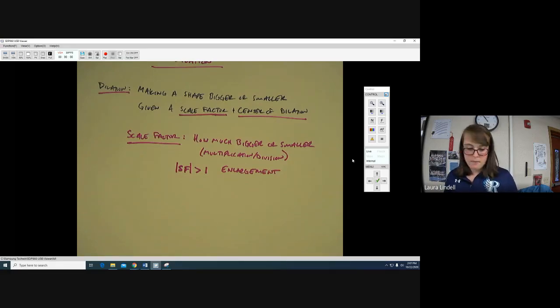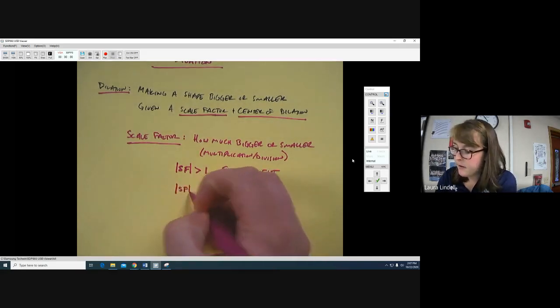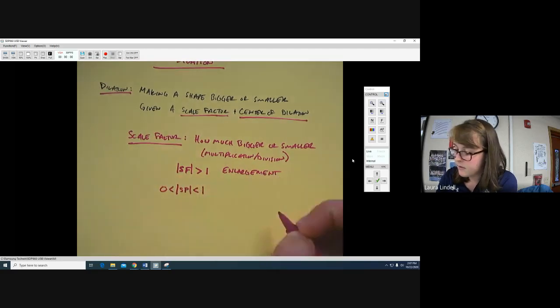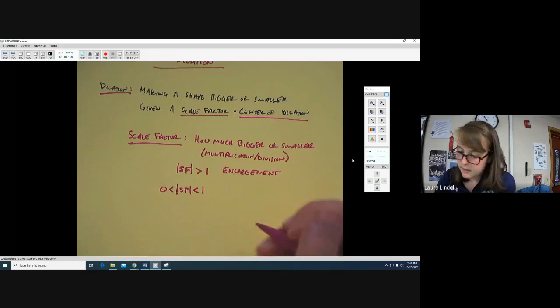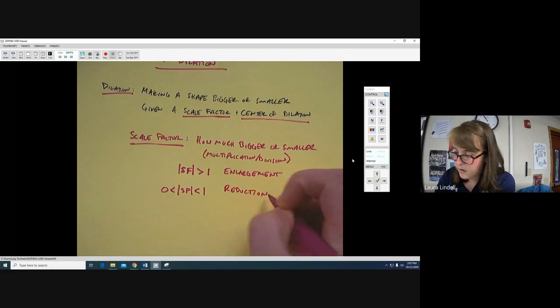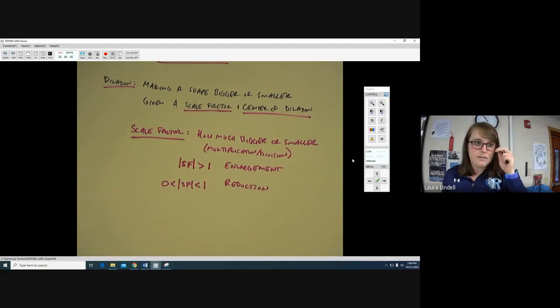We're making it bigger. If your scale factor is between 0 and 1, then that's going to be a reduction. So if you have a fraction that's less than 1 as your scale factor, that's going to be making it smaller. So we have enlargements and reductions, making it bigger, making it smaller.